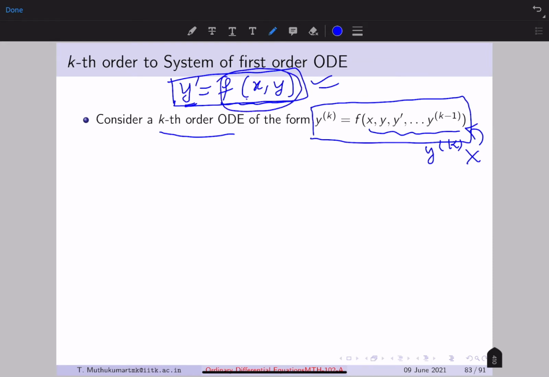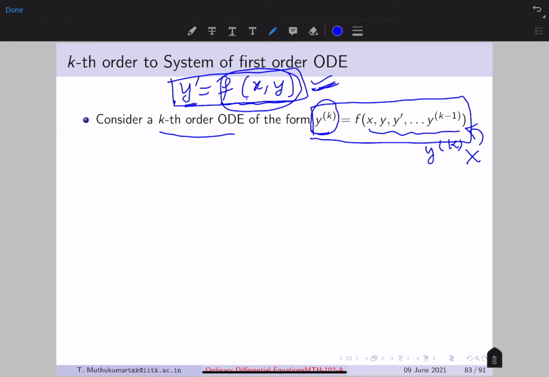So here it was linear in y prime, here it is linear in the kth derivative of y. Okay, so let's look at this form of ODE. This is a natural generalization of what we have been seeing so far.